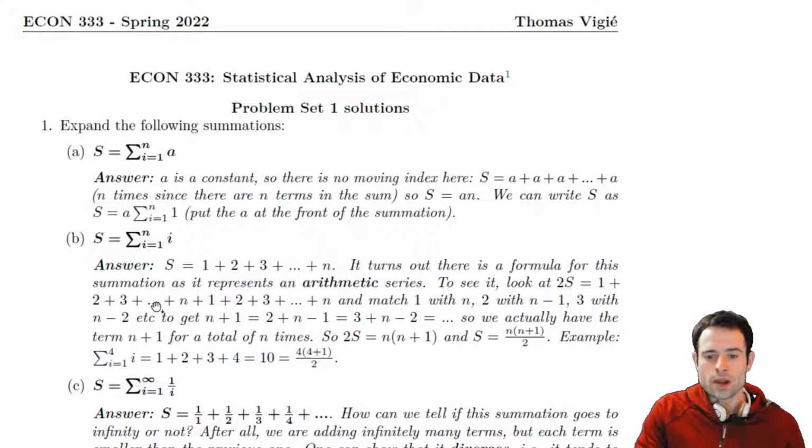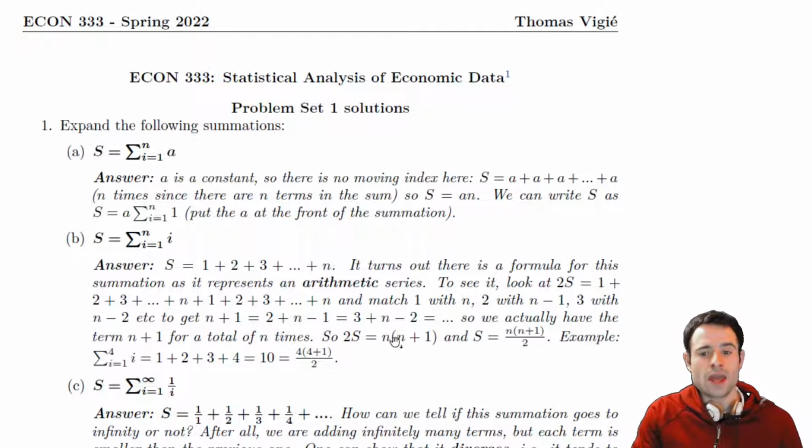So n minus 1 plus 2 is also equal to n plus 1. Then I'm going to match the number 3 with the term before n minus 1. This term is going to be n minus 2. So 3 and n minus 2 will be equal to n plus 1 again.